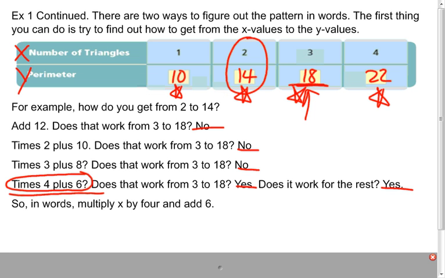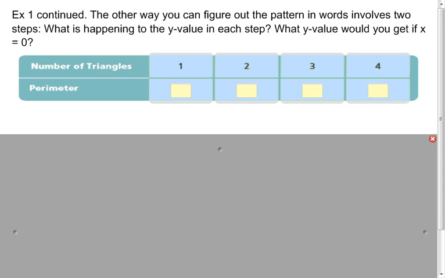That's what we had right there, and so we just write it out in words. Like we said, there's two ways to do this. You can try to figure out how to get from one of the x values to one of the y values and find something that works for all of them. That's one method. There's another method. You can use either one you like.